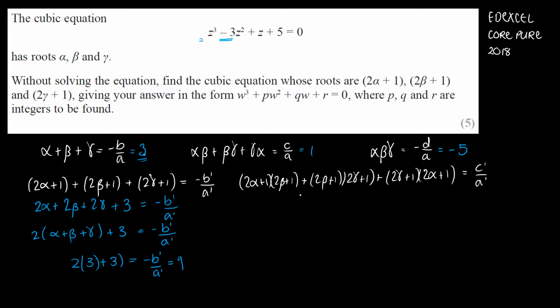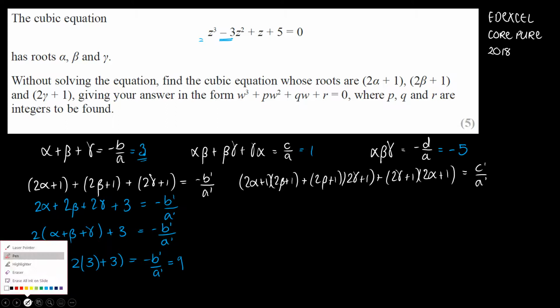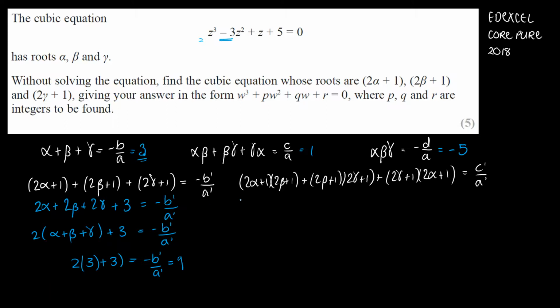So the product of pairs, no, that makes no sense. The sum of the pairs, try that again, must equal c over a. That's the same with our new roots as well. So again, let's persevere through some of that algebra. We've got 4 alpha beta plus 2 alpha plus 2 beta plus 1, and the same thing for my remaining expressions. I'm just expanding out these brackets in each case.